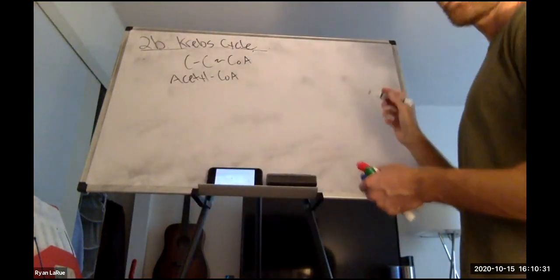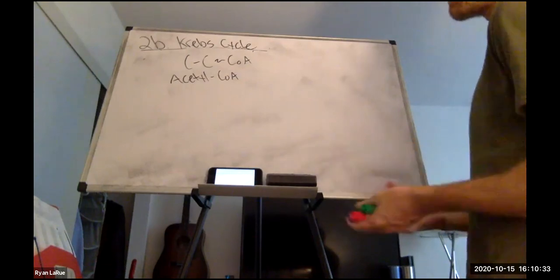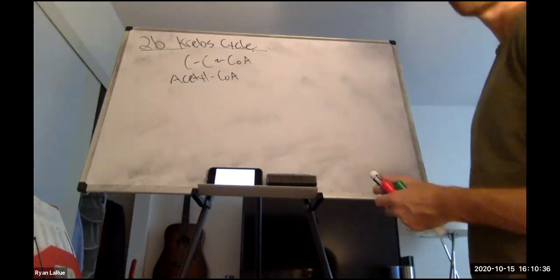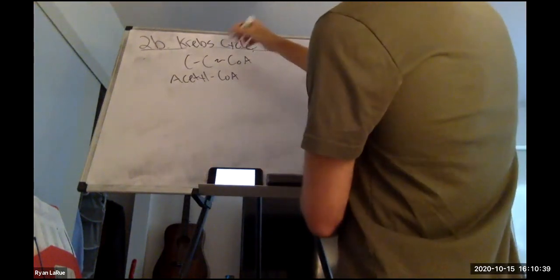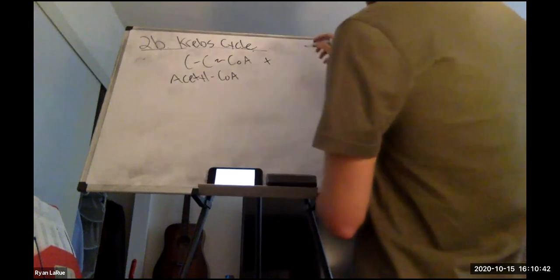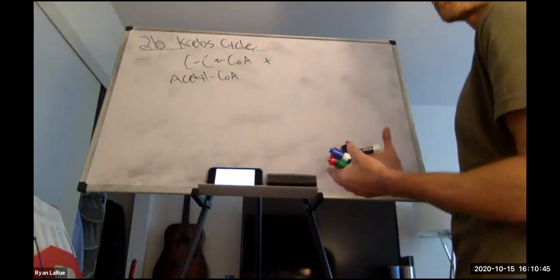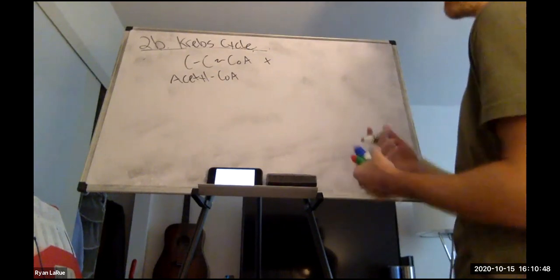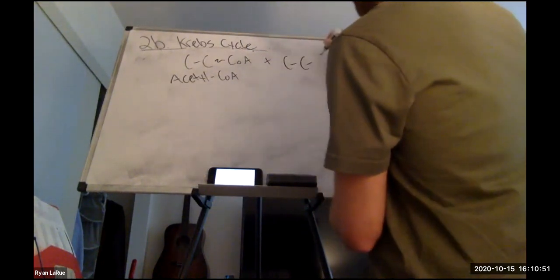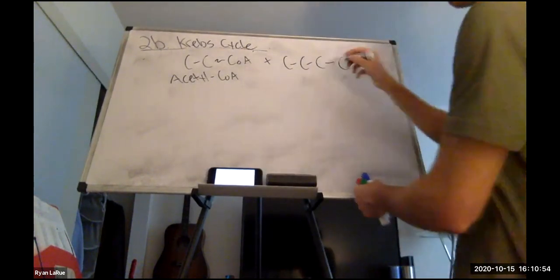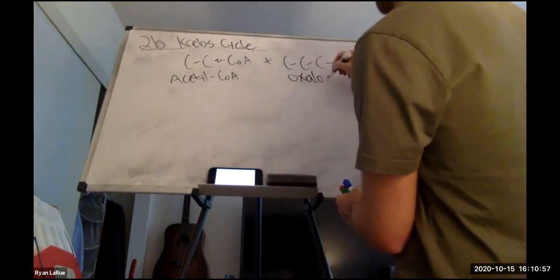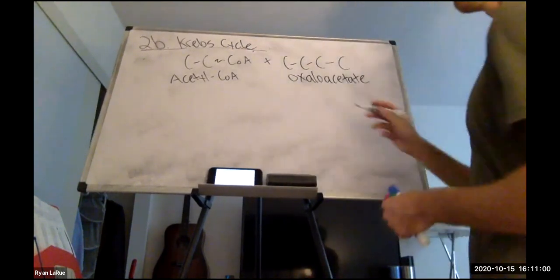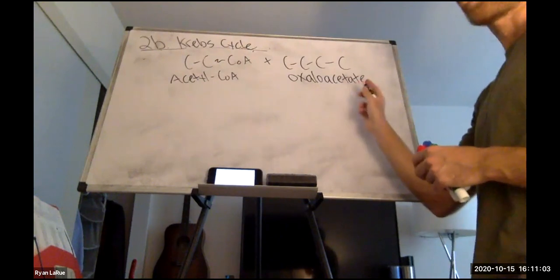But let's take one of those acetyl-CoAs and plug it into the Krebs cycle. So it's this 2-carbon acetyl-CoA, so it has that CoA. The CoA leaves, and the first thing that happens in the Krebs cycle is that the 2 carbons attach to this first substrate of sorts, or first reactant in the Krebs cycle, which has 4 carbons, called oxaloacetate. So this acetyl group is going to combine with oxaloacetate.